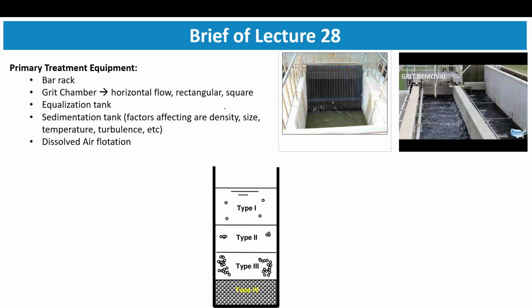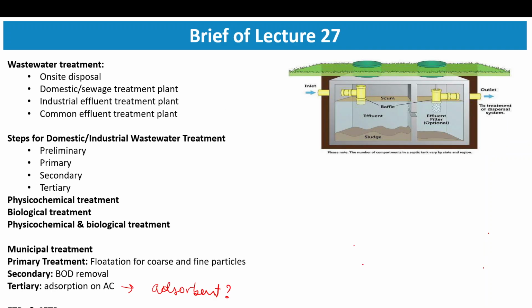First, we have listed what treatment procedures we follow in case of industrial and domestic wastewater treatment, which are preliminary, primary, secondary, and tertiary.